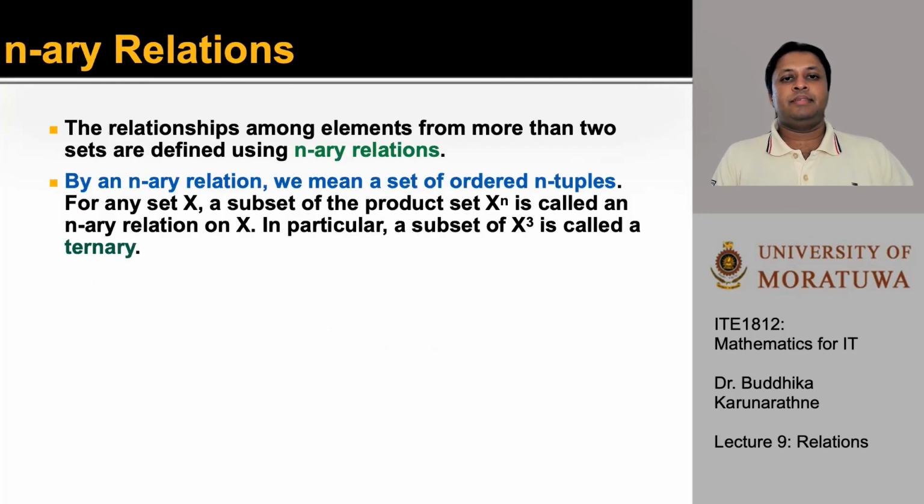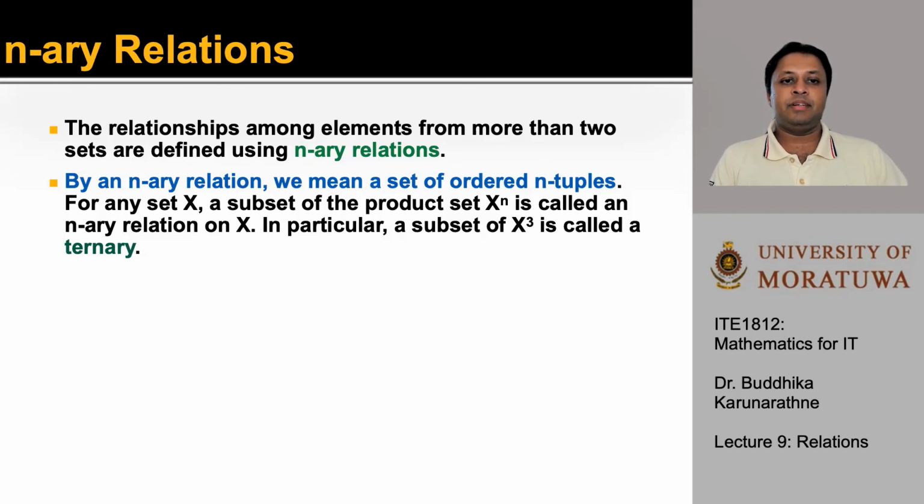And then this concept of n-ary relations. The relationships among elements from more than 2 sets are defined using n-ary relations. So far we have been discussing 2 elements or 2 sets. But if you go for multiple, then you have to consider n-ary relations.